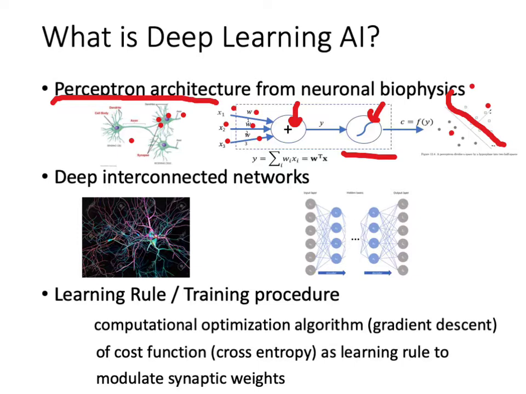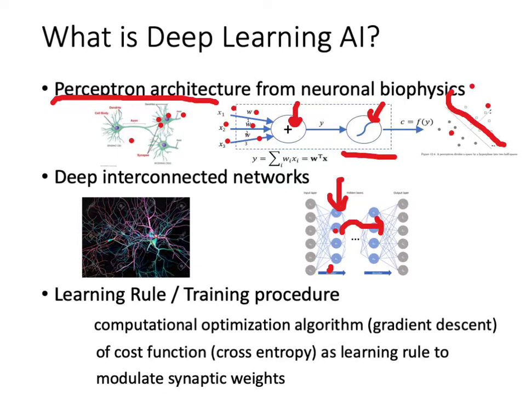The word deep actually comes from the way that these perceptrons are interconnected, not just within a layer, but there are many layers that stack one after another, ranging from tens to sometimes hundreds to thousands.